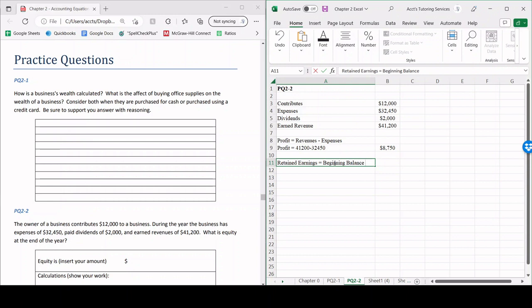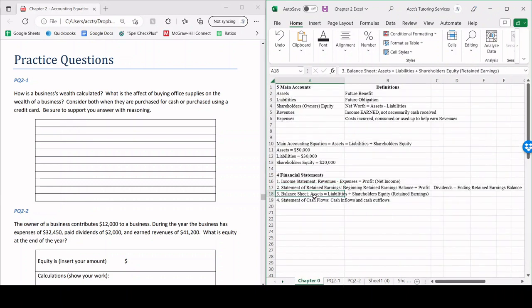It's very important because if you know the material, then we can apply it logically to different situations. Plus profit minus dividends. So retained earnings equals 0 plus 8750 minus 2000. So we take 0 plus the profit minus dividends, and that gives us the ending retained earnings balance.